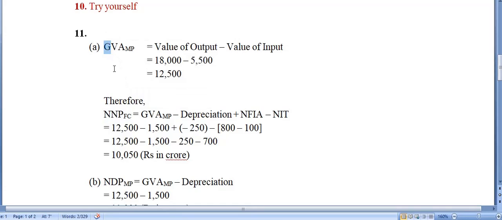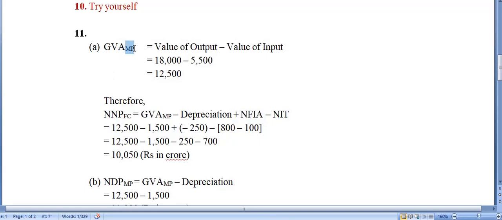Using that conversion chart, gross to net: minus depreciation. Domestic, because this GVA is equal to GDP MP only, so domestic to national: plus NFIA. A and P, that is GDP, PP, it's the same thing.